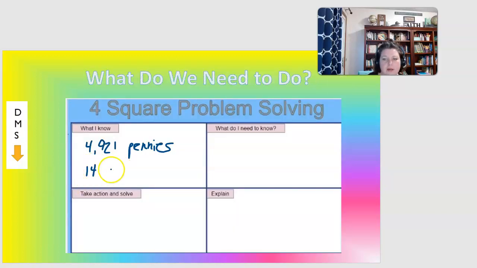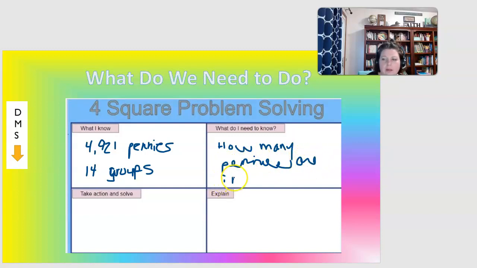We are going to need to know what? Over here, when it says, what do I need to know? I need to know how many pennies are in each group?